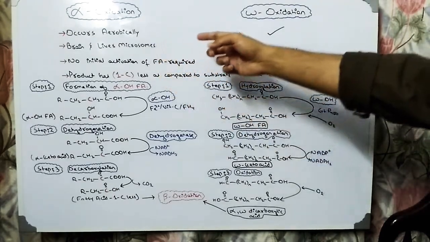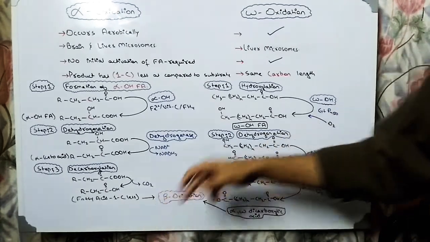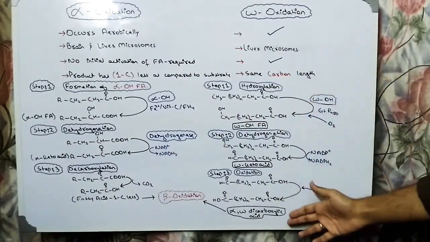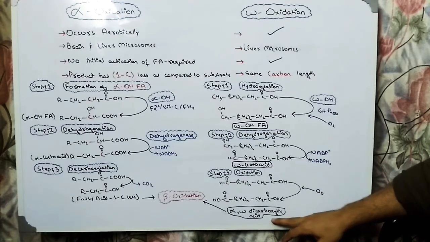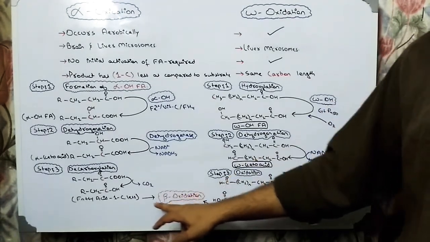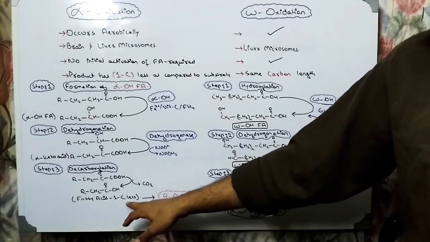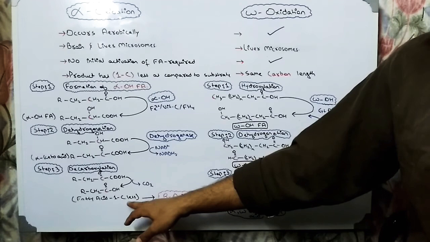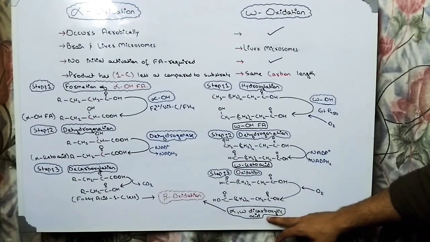Alpha oxidation would produce an odd carbon fatty acid, while omega oxidation would produce the same even carbon fatty acid. When these enter beta oxidation, in the case of the odd carbon fatty acid an additional propionyl coenzyme A would be produced alongside the acetyl groups, while in the case of the even carbon fatty acid, all acetyl groups would be produced.